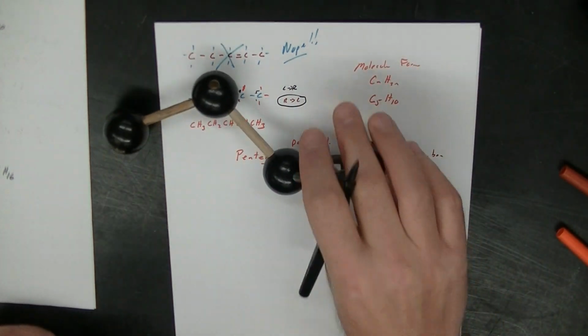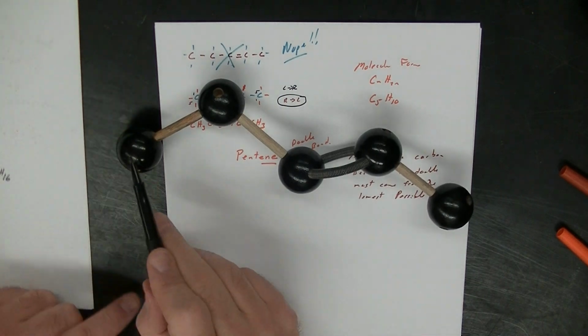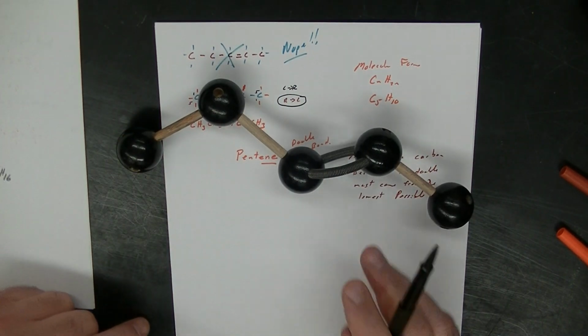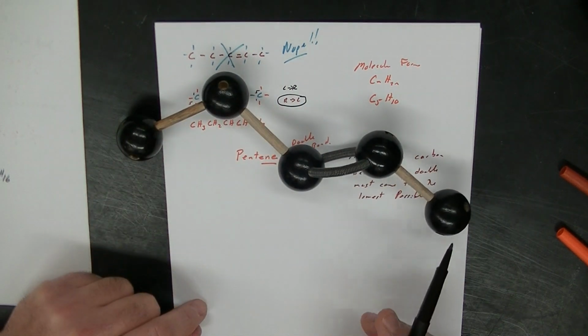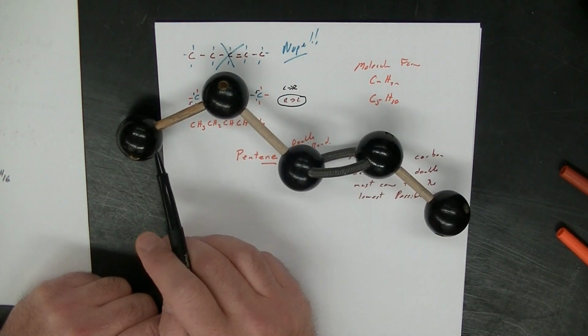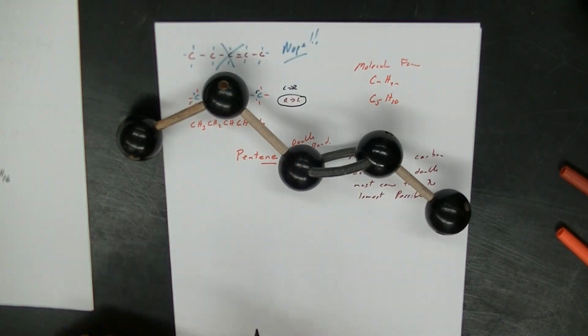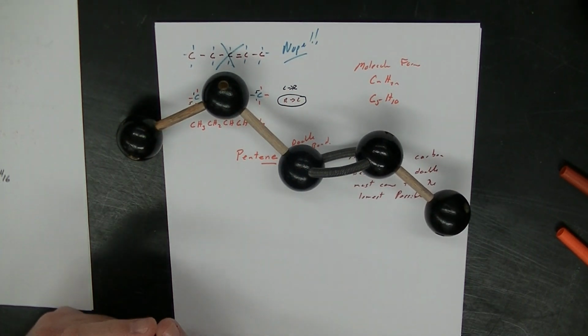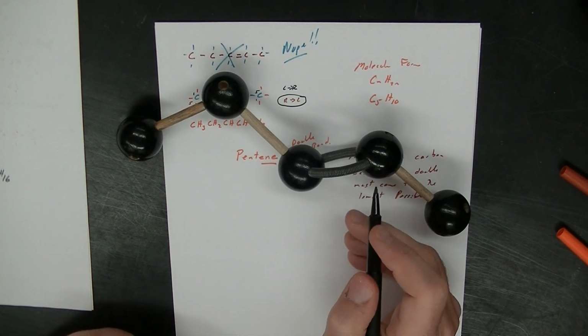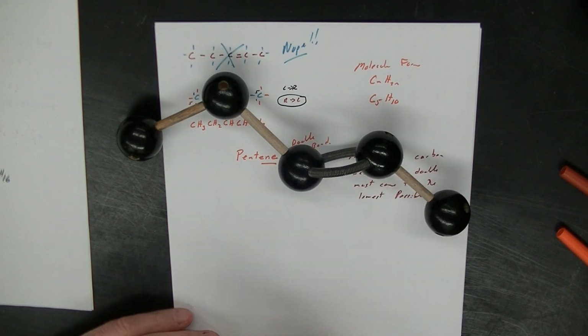If we look at this, I could number it 1, 2, 3, 4, 5, and the double bond would be coming off the 3rd carbon. Or I could number it 1, 2, 3, 4, 5, and it would be coming off the 2nd carbon. It needs to come off the smallest carbon, so it should be coming off the 2.